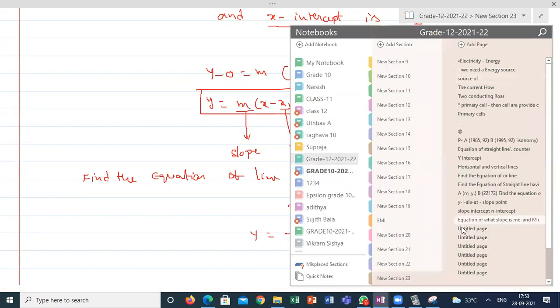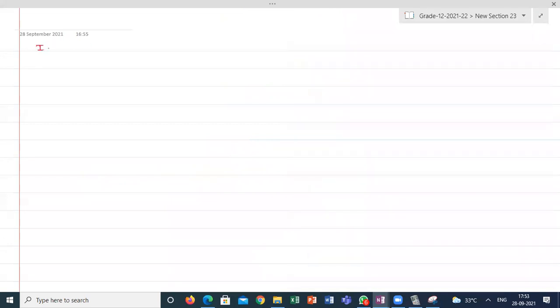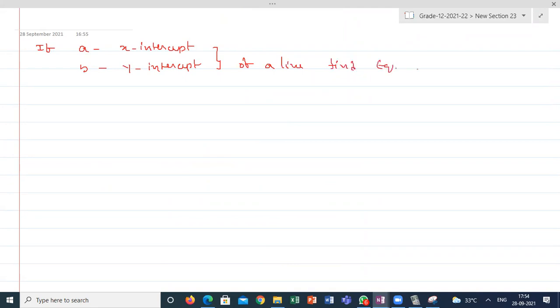The next one is if I'm giving both the intercepts. If A is the x-intercept, B is the y-intercept, or A comma B are the x and y-intercepts of a line, find the equation of line.